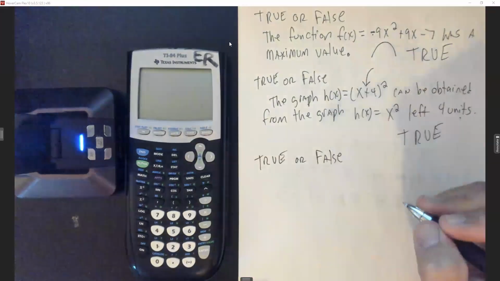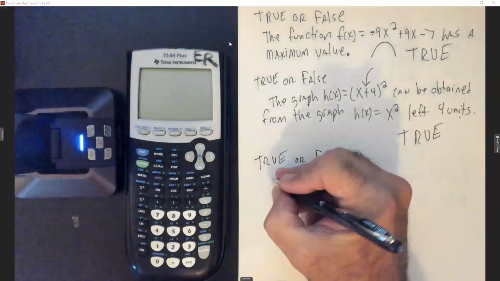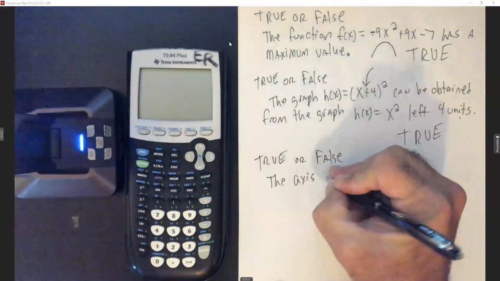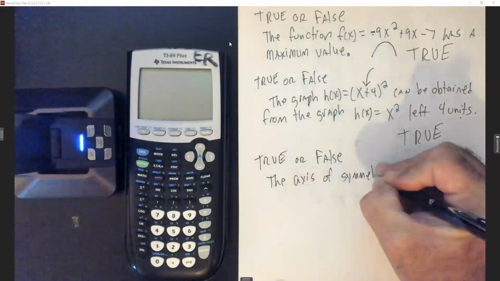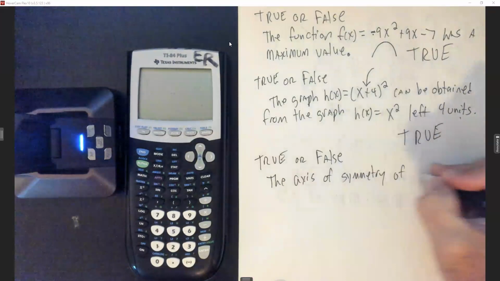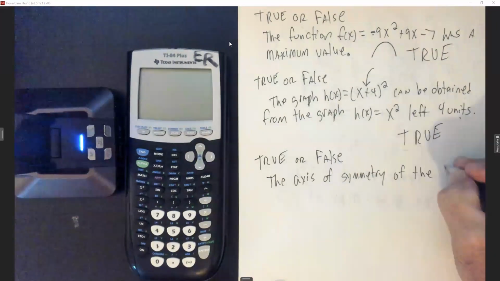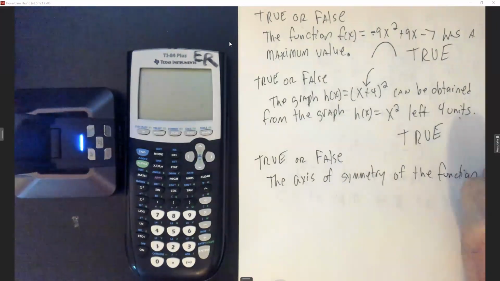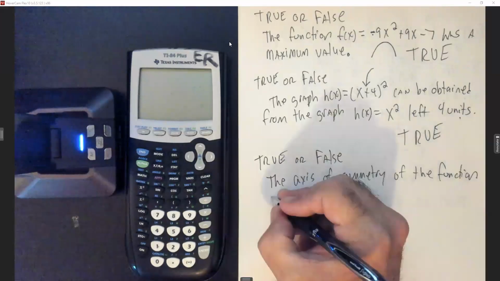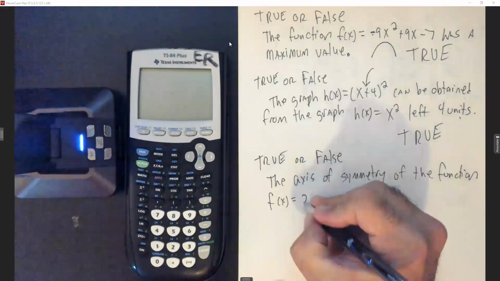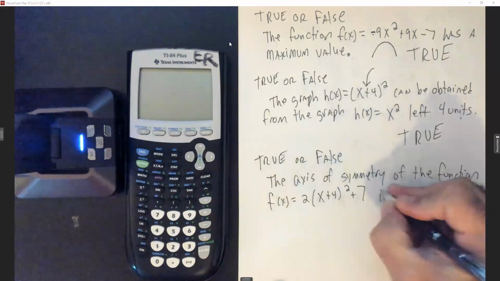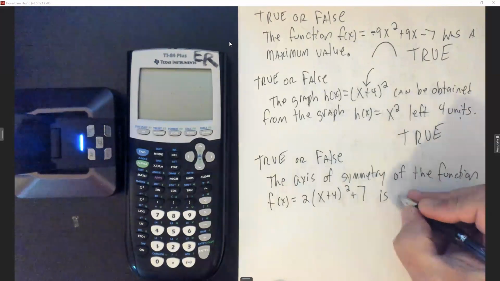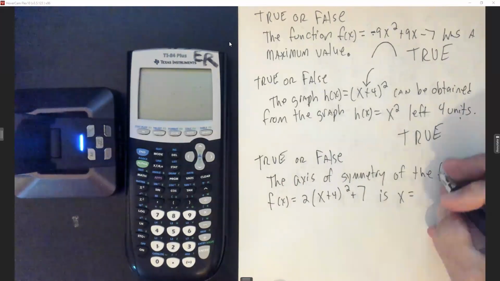All right, so the axis of symmetry of the function f of x equals 2 times x plus 4 squared plus 7 is going to be at x equals -4.